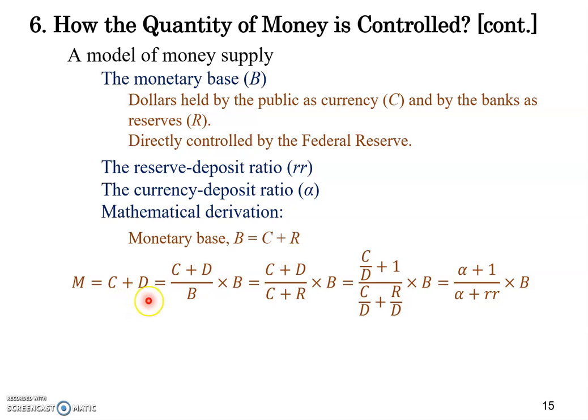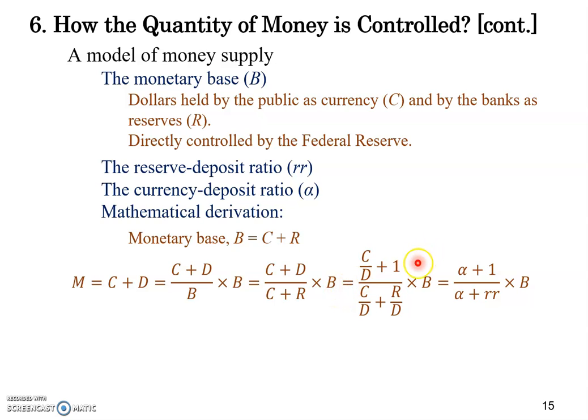We divide by the monetary base and then multiply by the monetary base. As you can see, these two could be canceled out. However, we're doing this because we want to replace the B with C plus R. So here it's currency plus deposit over currency plus reserves, times the monetary base.